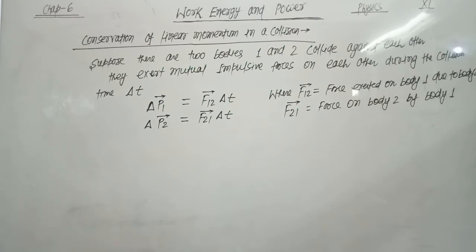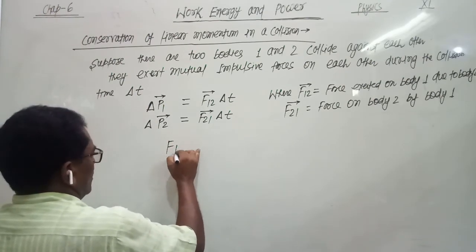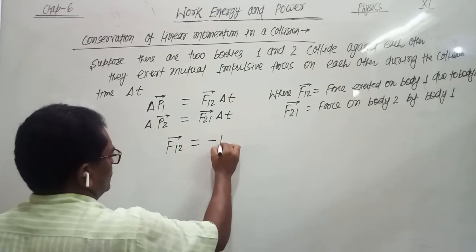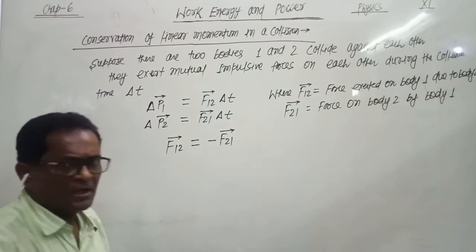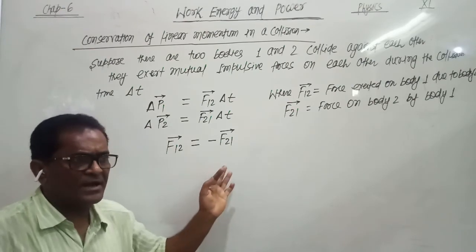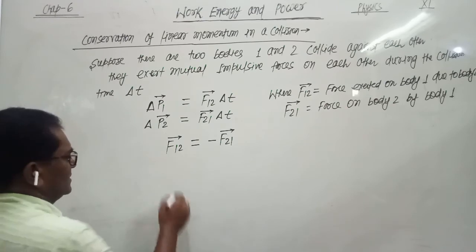But these two forces must be equal and opposite. From Newton's third law, F12 equals minus F21. These two forces acting on each other must be equal in magnitude but opposite in direction.